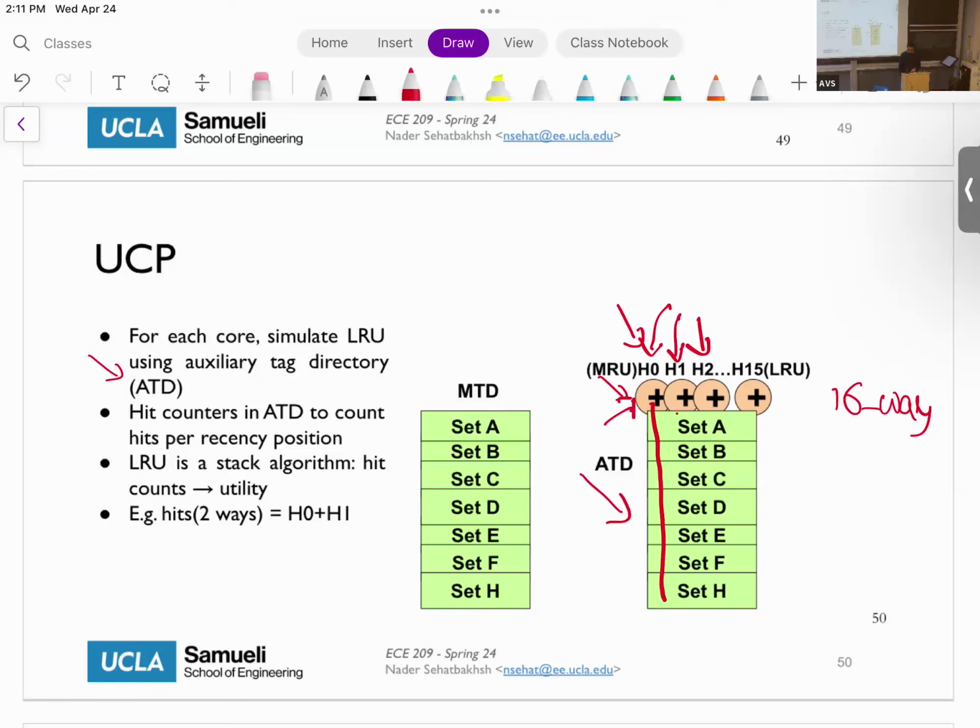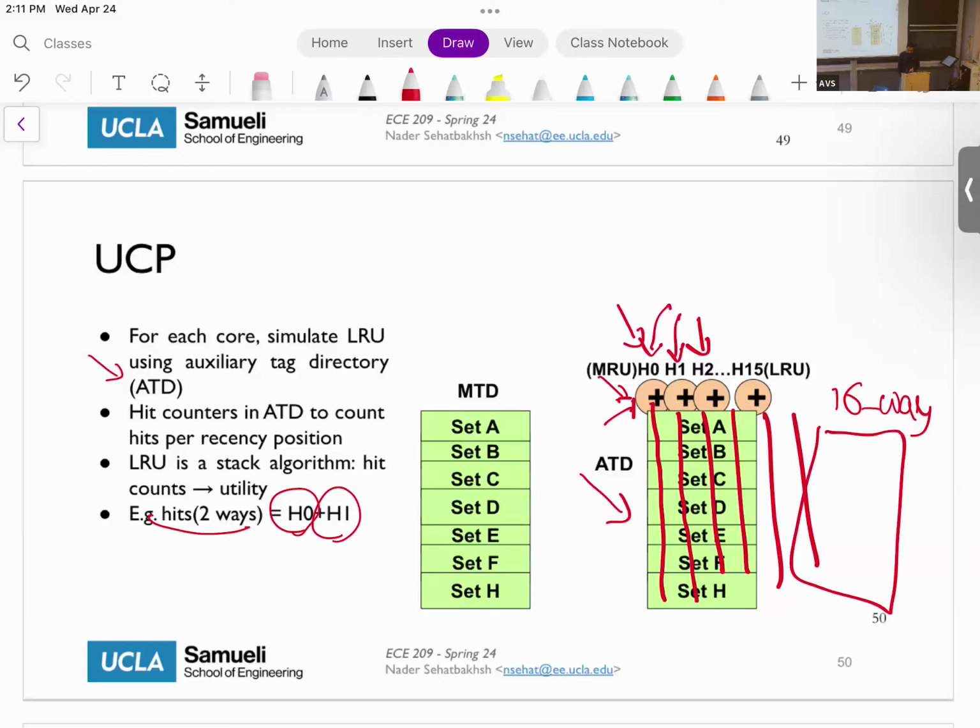Then we think about it having 2 ways and 3 ways and 4 ways and 5 ways and so on, and then use these counters to count that. And then essentially this way we can say that hits in 2 ways is essentially the counters H0 and H1, because this is all the hits that you get in way 0 and all the hits that you get in way 1, right?